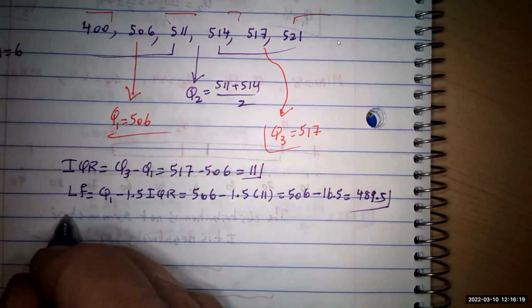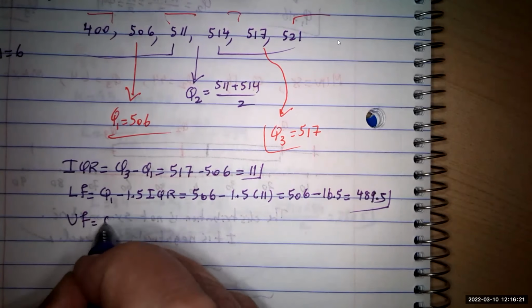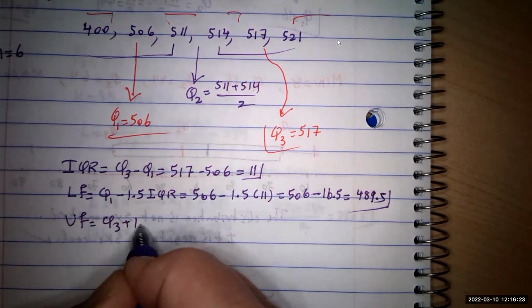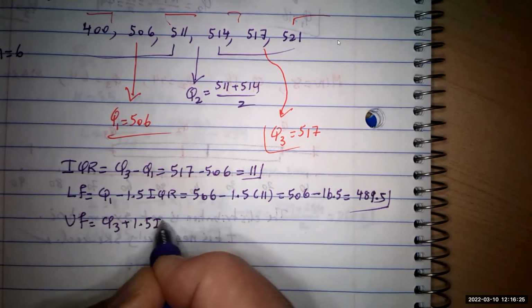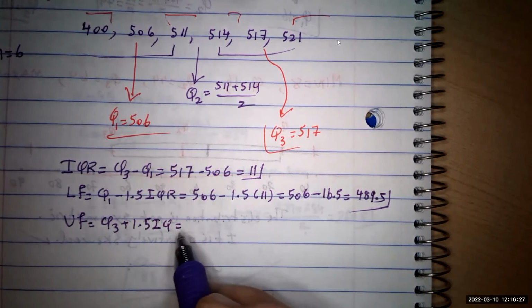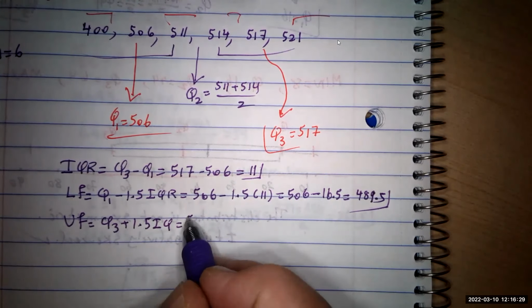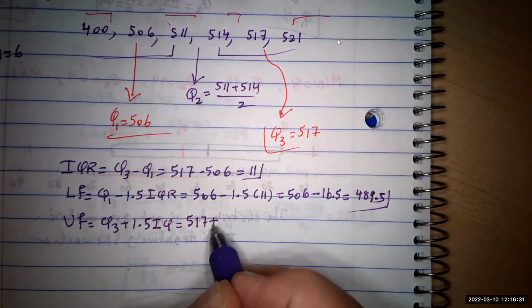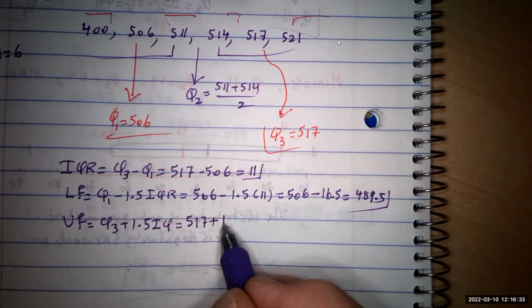The upper one is Q3 plus 1.5 IQR. So Q3 is 517 plus this number, 16.5.